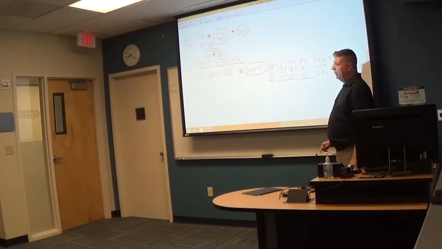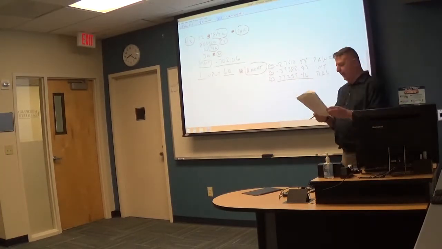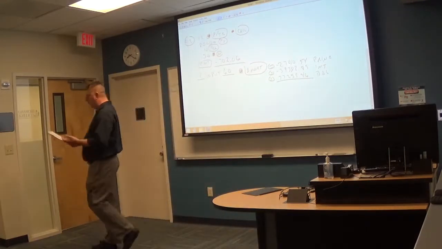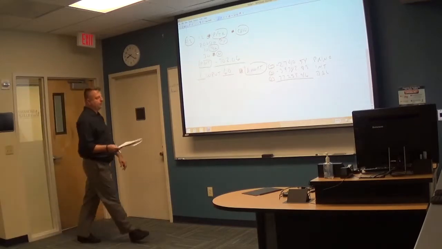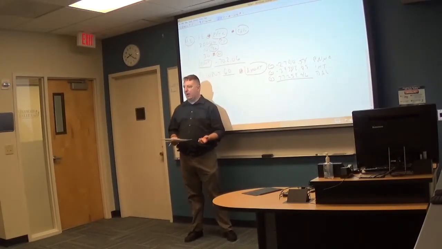Now, what we are asked to do in this particular problem is we have a borrower that has received some lottery winnings of $8,000 and wants to pay down the balance by $8,000.